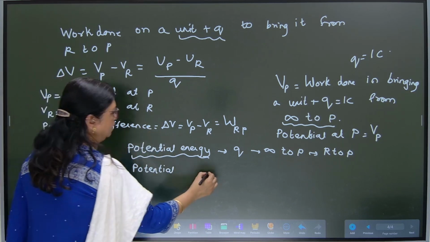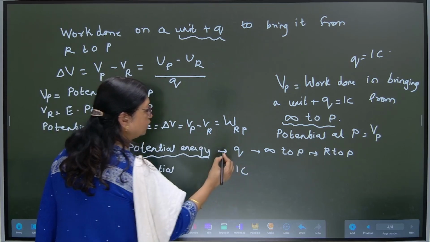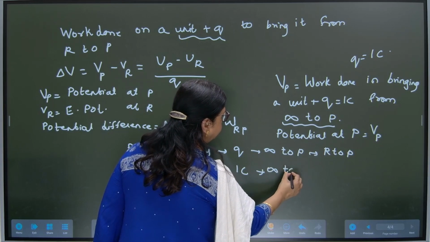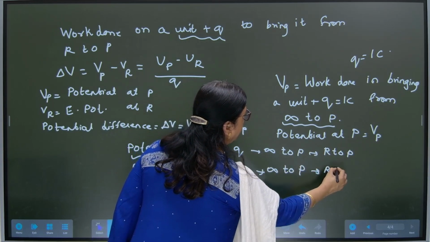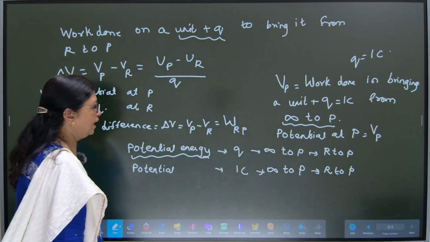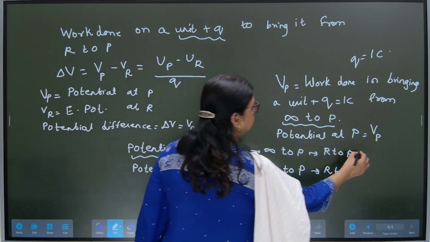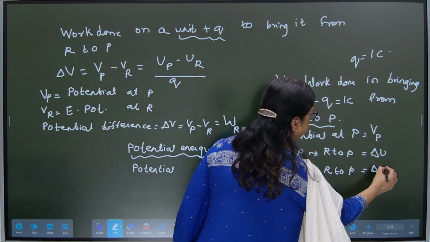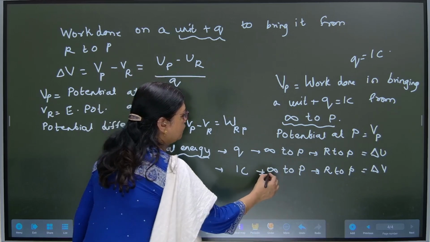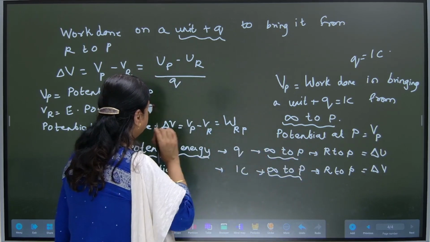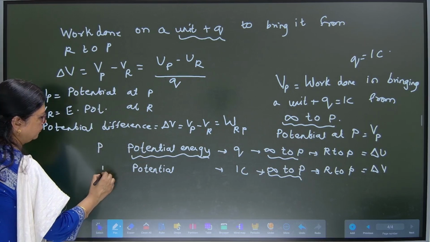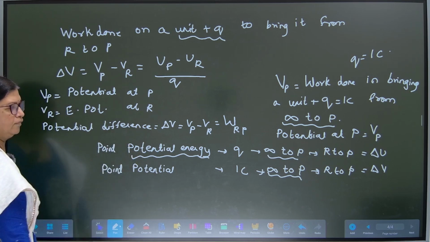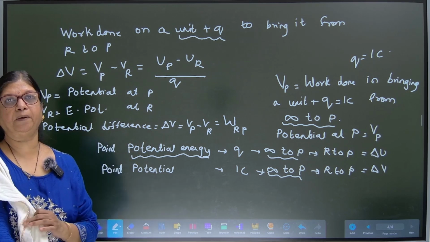Only potential, if I say, then I am bringing the charge of the value 1 coulomb from where to where? From infinity to P or from R to P. If I say R to P, then it is difference, delta U. If I say here also, then it is difference. But if I say from infinity to P, it is the potential at that point, P point. Okay, this you have to remember.